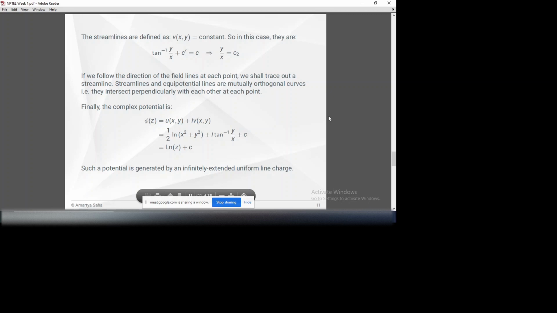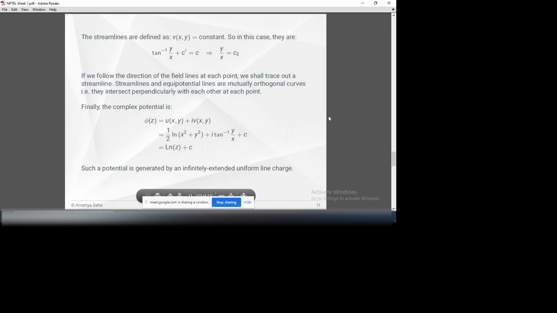So now we take the logarithm on both sides. So what are you left with? Logarithm of z equals logarithm of r times e to the power i theta. And we know logarithm of xy equals log x plus log y. So log z equals log r plus log e to the power i theta. And log e to the power i theta is just i theta.